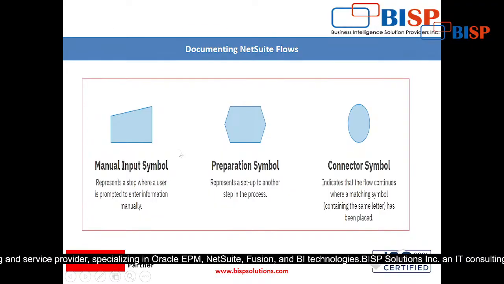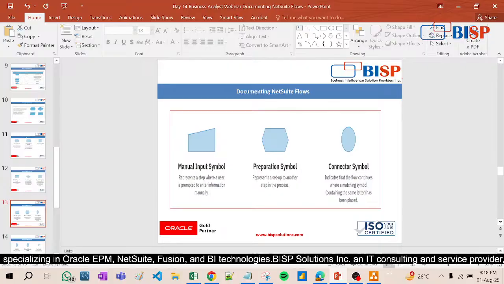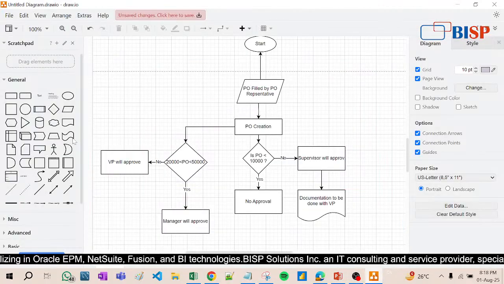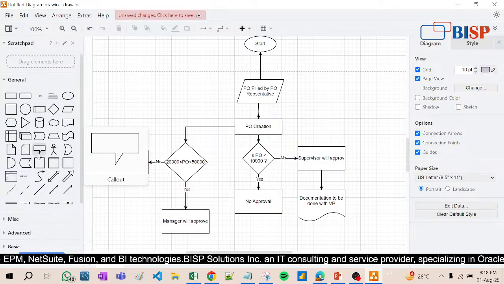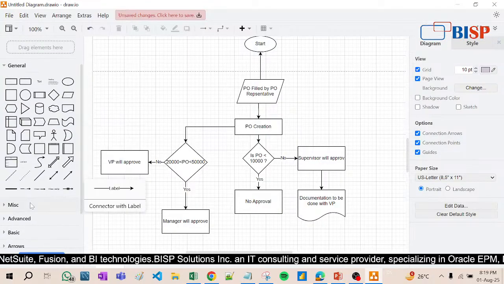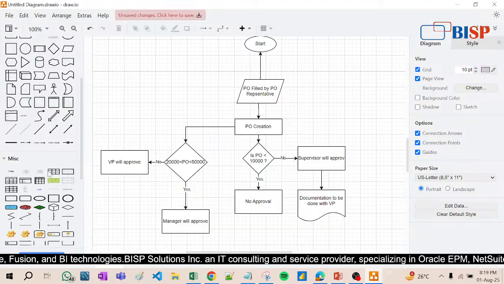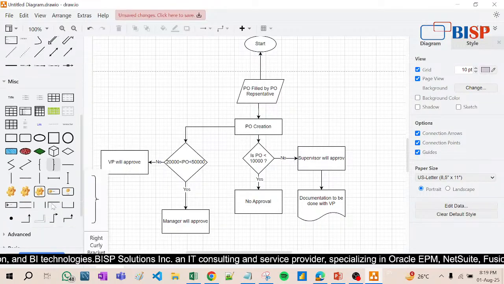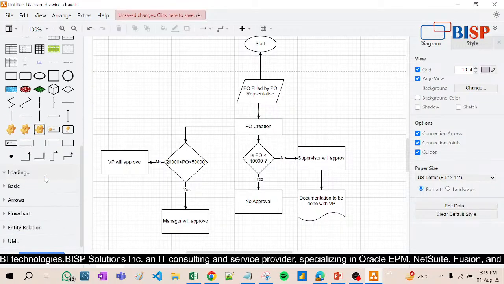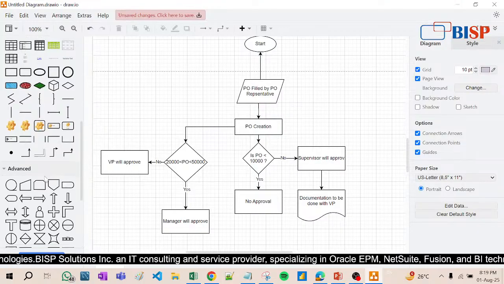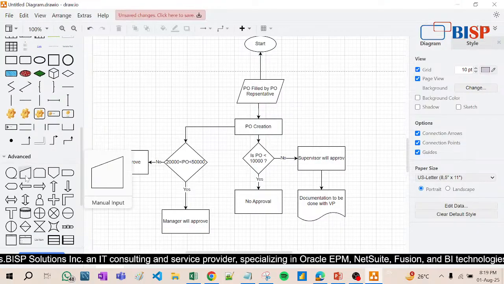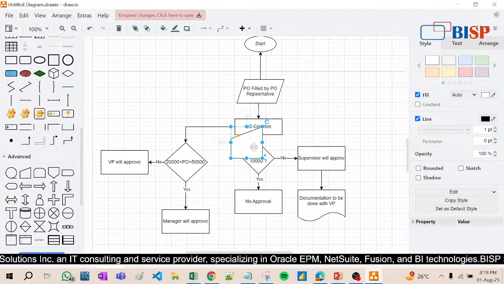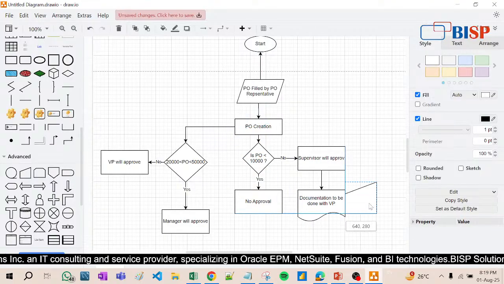Manual input symbol means, suppose we are taking some input from the user, let me show you whether it is available here. I think it is available here. Manual input, not here. Let's see here. I think it will be available here also. Advanced. Here, manual input. Look at this, manual input. There are so many symbols given here, right?